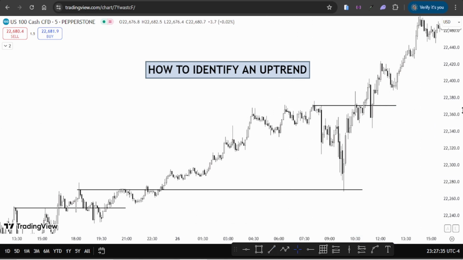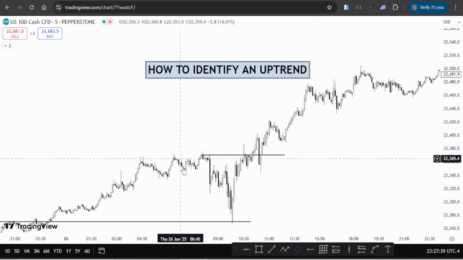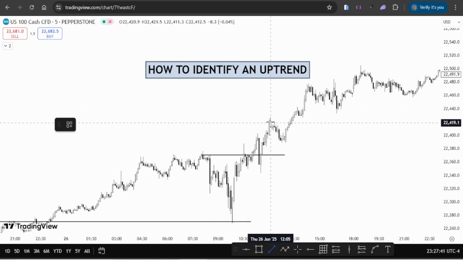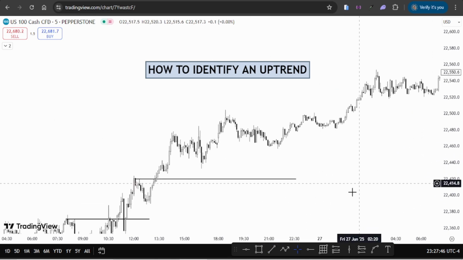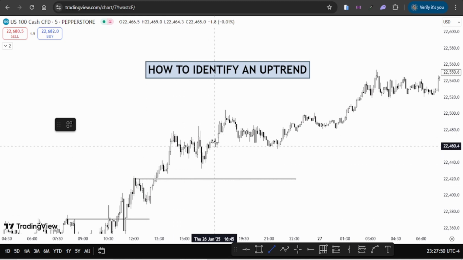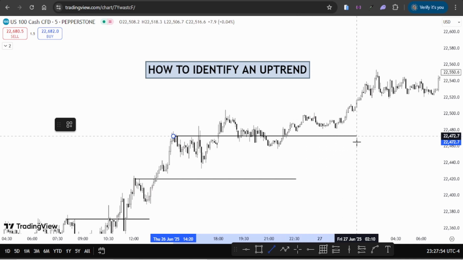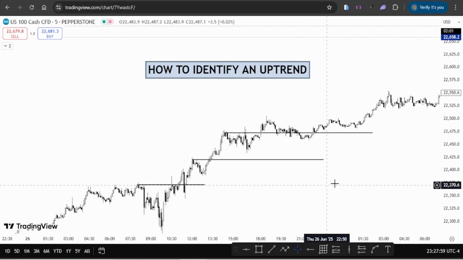So once price breaks a previous high, it uses that level as the new support level. So this high was broken and price found support at around that level.